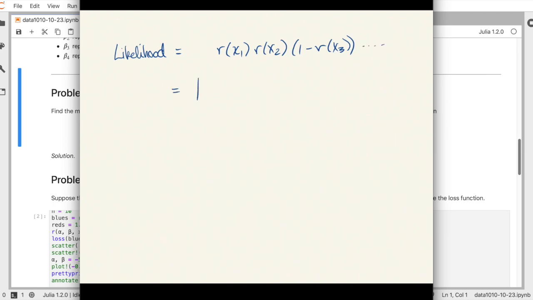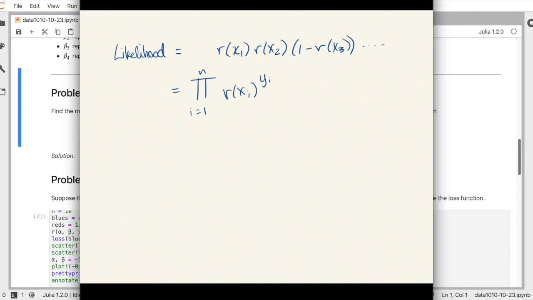One compact way to write this is to say the product as i ranges from 1 to n, so that's over all the training observations. And what we can do is say r of xi to the yi. So if yi is 1, then we get r of xi, that's the desired factor. If yi is 0, then we're raising a value to the 0th power, and that's going to be 1, so it won't contribute to the product.